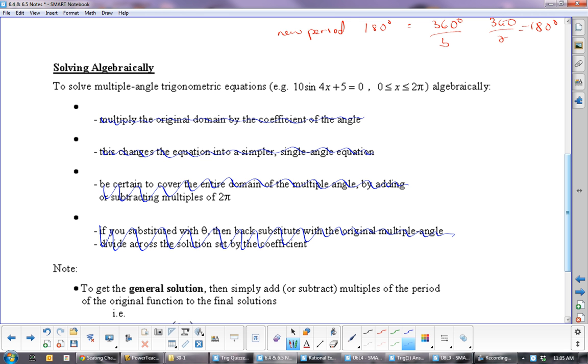Where if you know about horizontal stretches, it should make sense. Okay? So, the first thing we're going to do is solve to isolate the ratio.